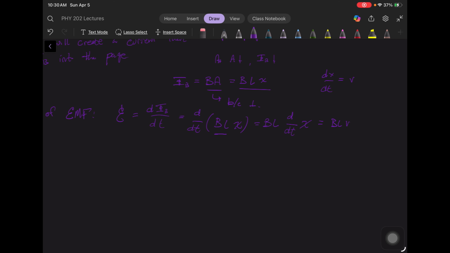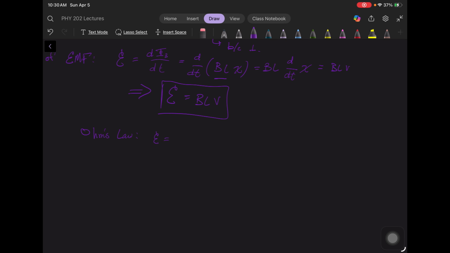And so I'm just going to cut out all the work that's in there. And we have this lovely result. Okay. But let's see. Ohm's law tells us this. The EMF is equal to I times R. And so if we want, we can solve for the current. Okay, and we can go ahead and plug this in.